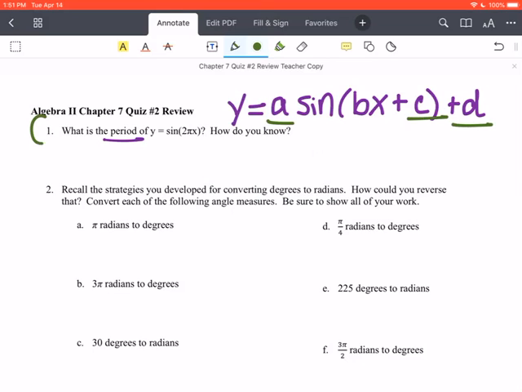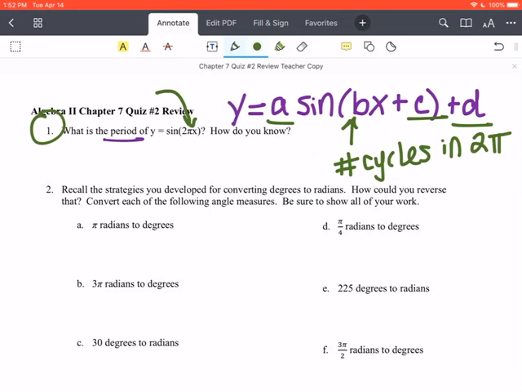And then what question 1 is asking about is this letter B. Okay, now B is not the period. B represents the number of cycles that are going to occur for the wave in the span of 2 pi. Okay, now this is very weird because we see 2 pi occur in this equation.